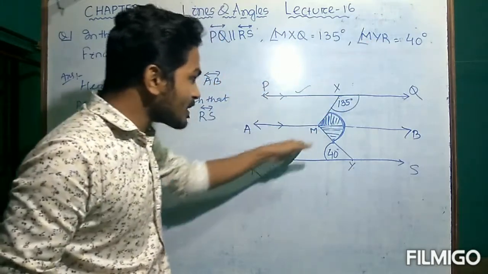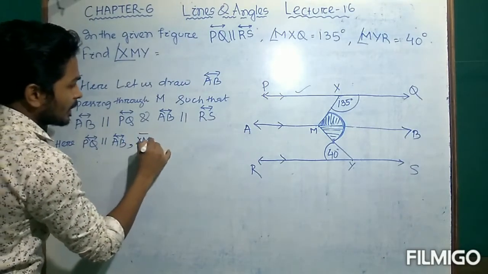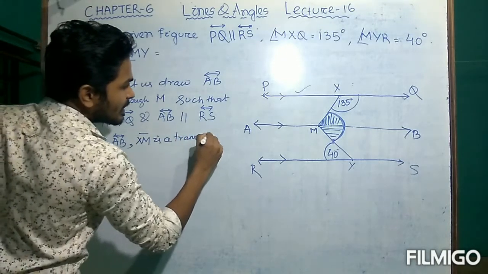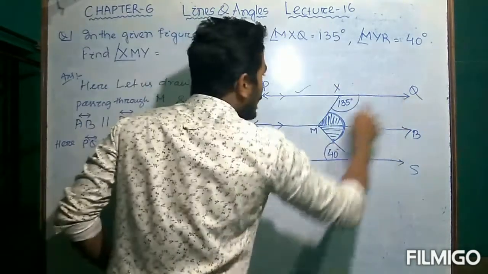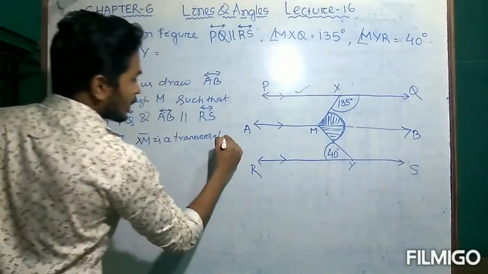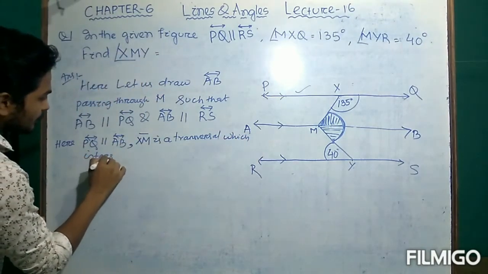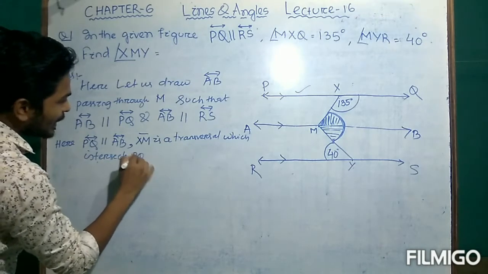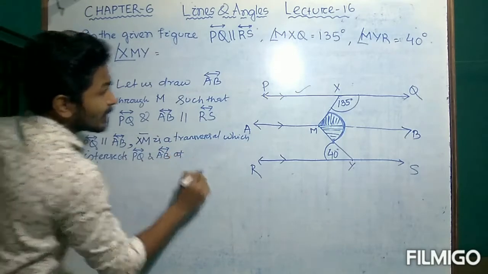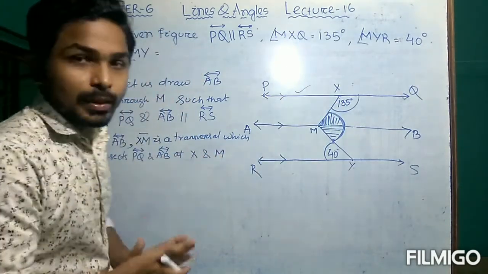Yes, it is a transversal line, and this transversal line intersects PQ and AB at X and at M.